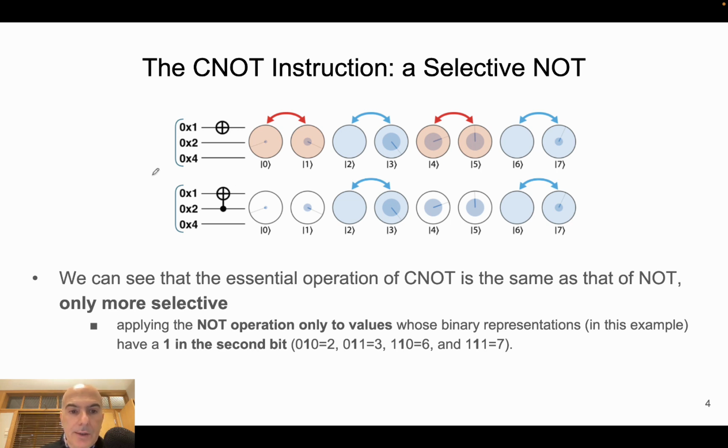Right, so let's see this case. We have the target, which is the first qubit, and then we have the control qubit, which is the second one.